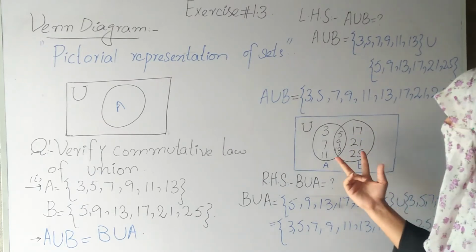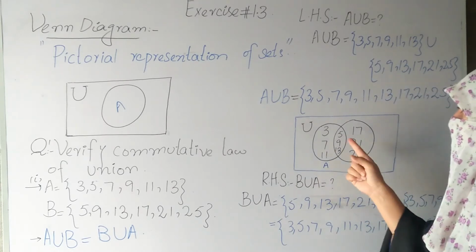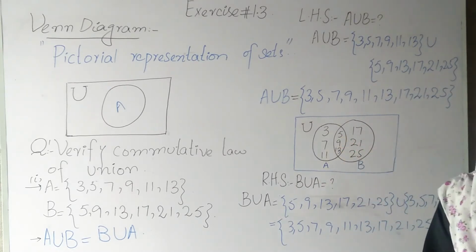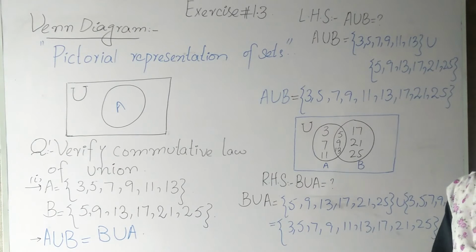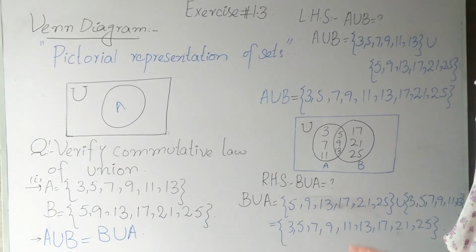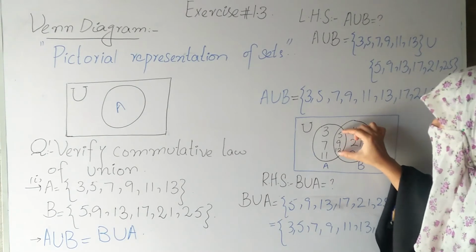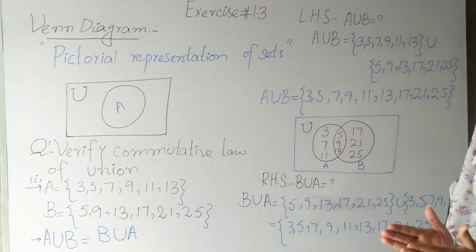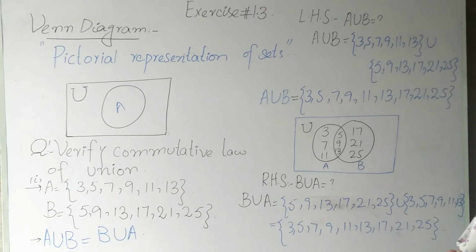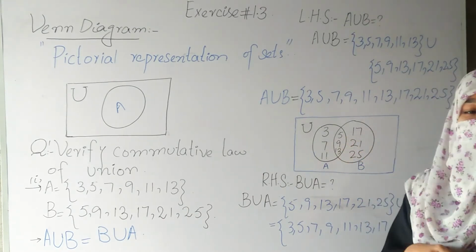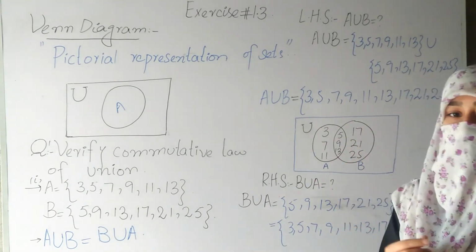Look here, in both these subsets 5, 9, 13 are common. If some numbers are common, then we overlap these two circles and write the common numbers in between both circles. So that's why we write 5, 9 and 13 in the center.